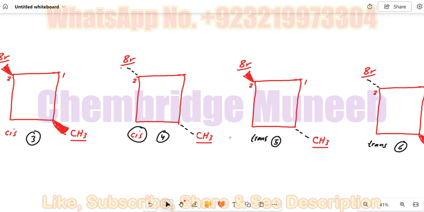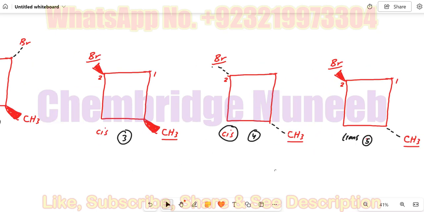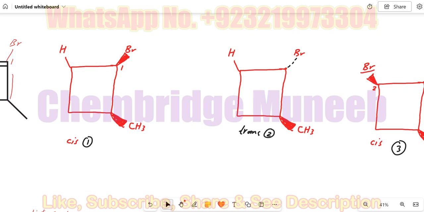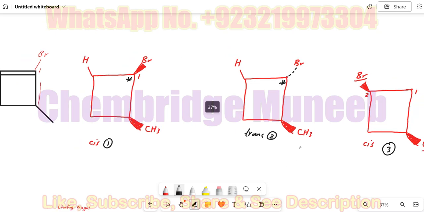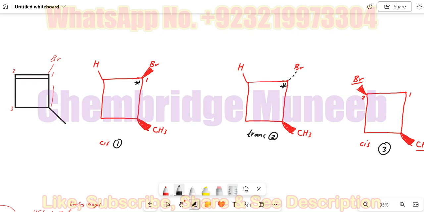But the thing which I want to mention here is that they did not include the optical isomers which were supposed to be present at this position. There were supposed to be optical isomers here, and they have not included those isomers in the mark scheme of the question.